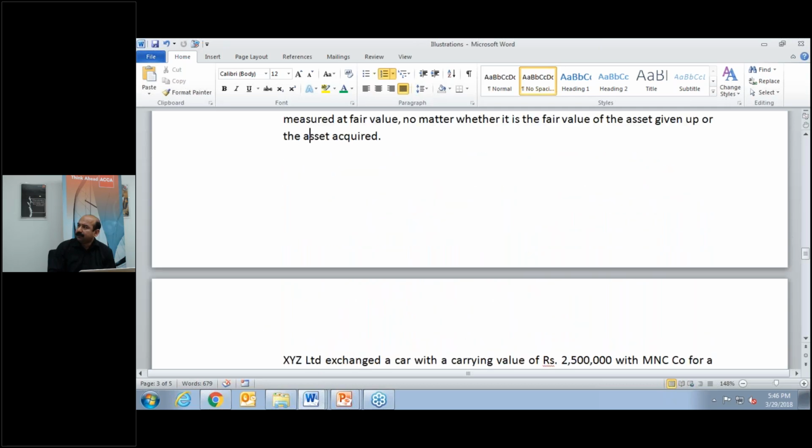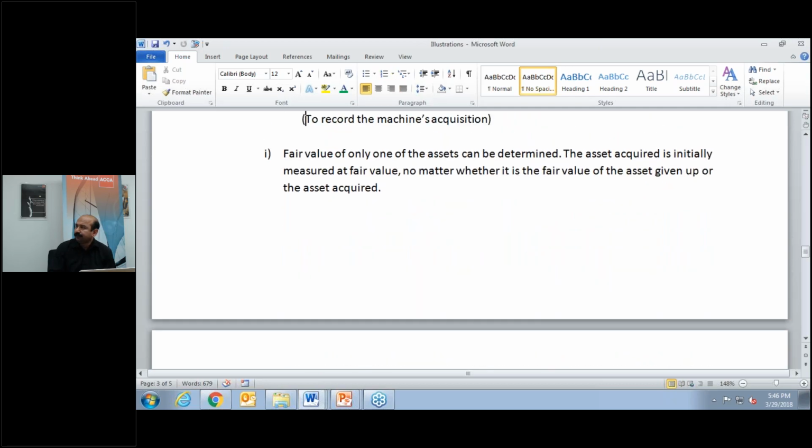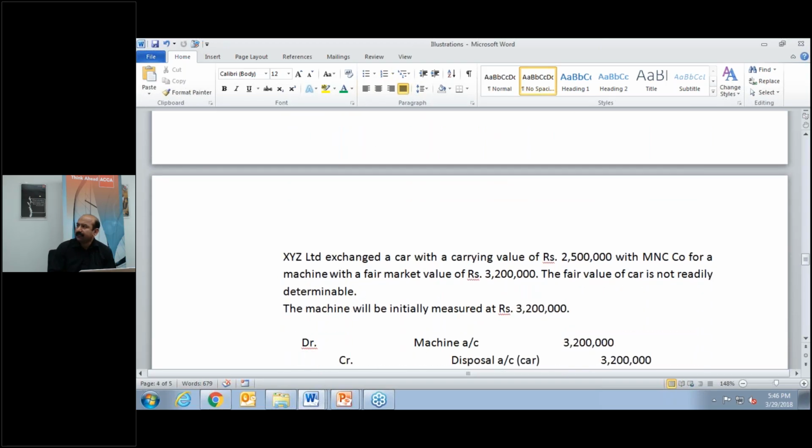Then is fair value. Okay, XYZ Limited exchanged a car with a carrying value of 2.5 million with MNC for a machine with a fair value of 3.2. The fair value of the car is not readily determinable. The machine will initially be measured at 3.2.